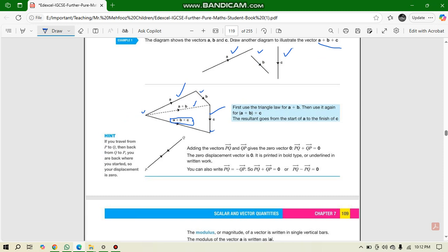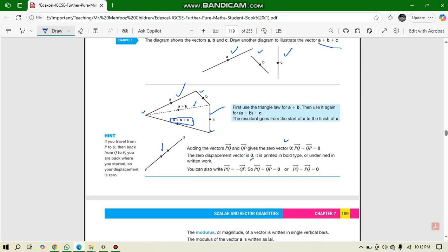Okay. Next one is adding the vectors PQ and QP. PQ is the same vector as QP, but the directions are different. Adding them gives the zero vector, that is 0 in bold. It means that PQ plus QP is equal to 0. The zero displacement vector is written as 0 in bold form. It is printed in bold type or underlined in written work.